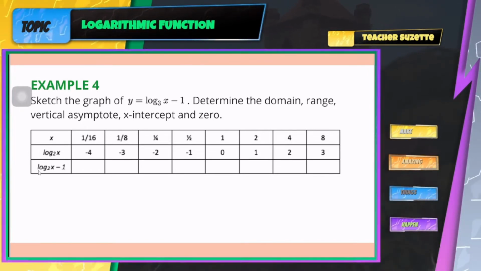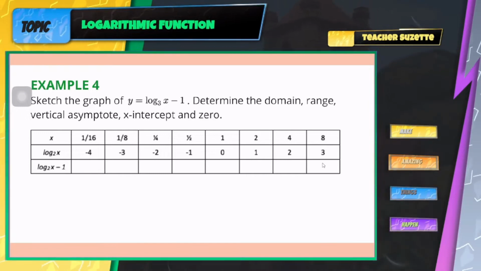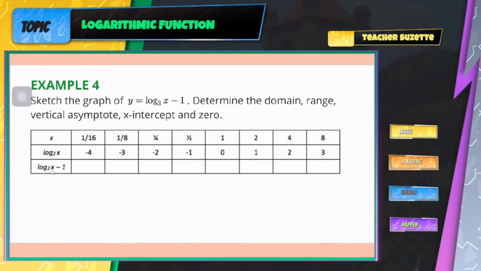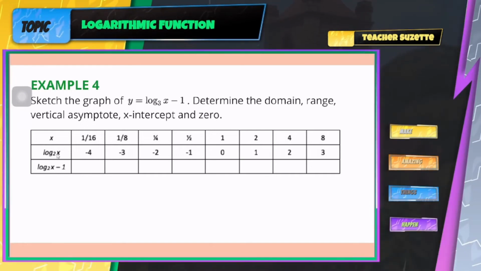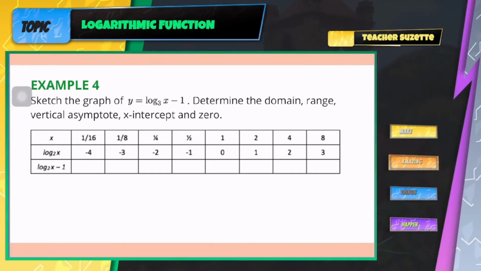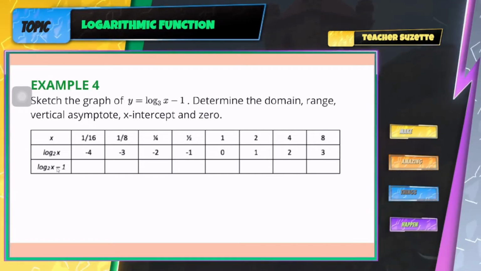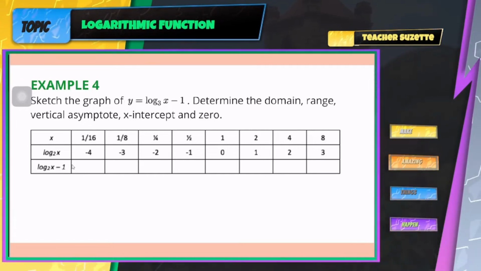For us to solve for the y coordinates of this function, this is just easy because we have the values of logarithm of x base 2. Ayan na, provided na siya. It's just easy because we are just going to minus 1.